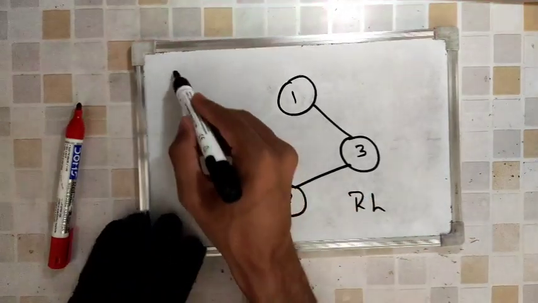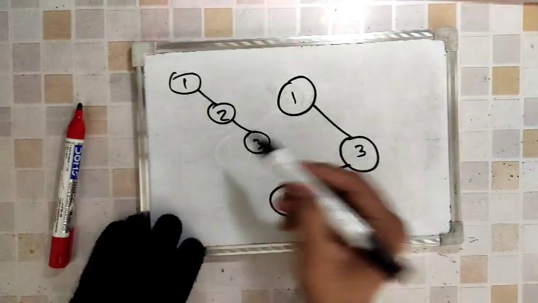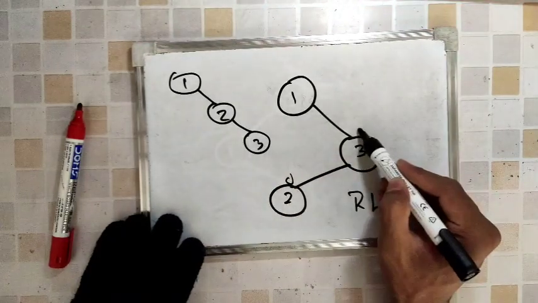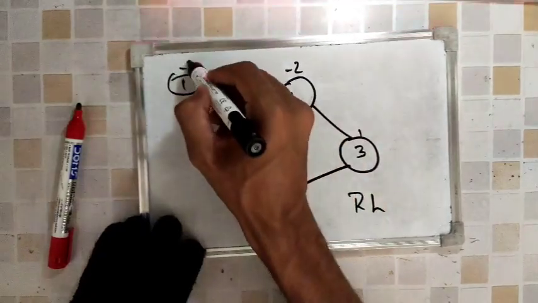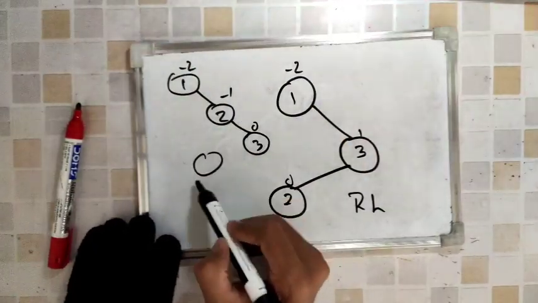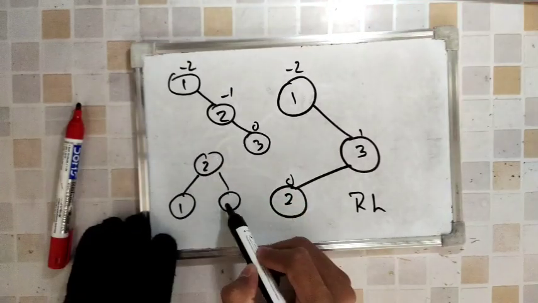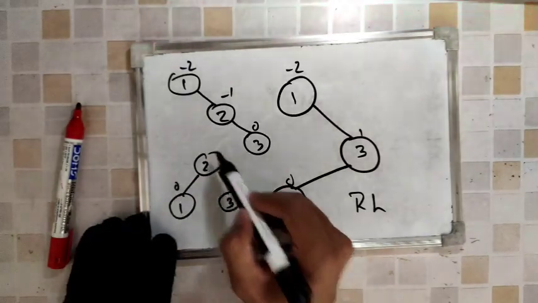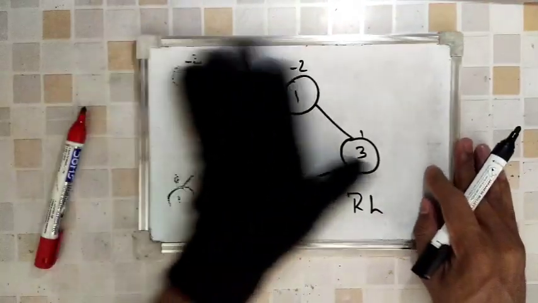Right, so 2 will go there, it will become like this, 1, 2, 3. Oh, I forgot to mention, this is 0, this is 1, but this is minus 2. Now this is 0, minus 1, minus 2. Then left rotation, so 2, 1, 3 are all 0. Okay, so we are done with these 4 rotations.